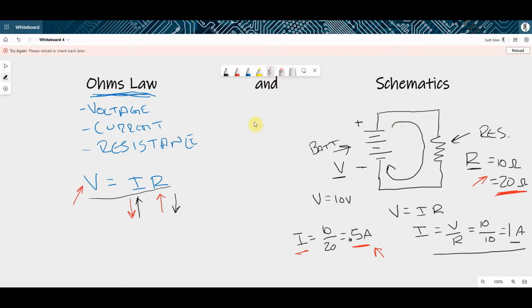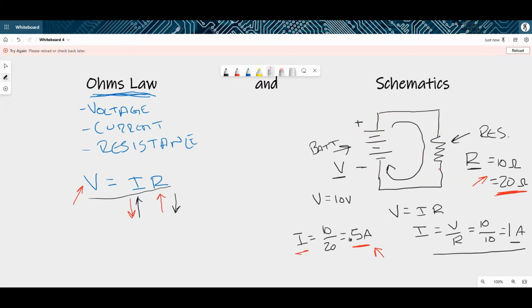So, recap. Ohm's Law is vitally important to use basically on a daily basis. I use Ohm's Law almost every day. A schematic is our graphical representation. It's not a diagram, it's a graphical representation with symbols for the components that we're using.